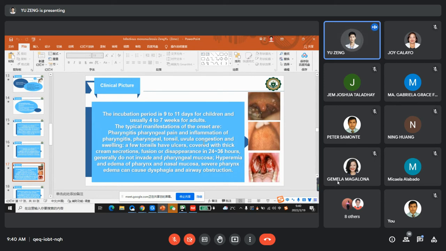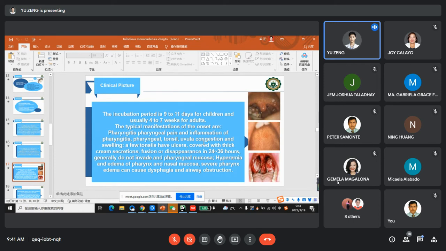A few tonsils have ulcers covered with thick cream secretions, fusing or disappearing in 24 to 36 hours, and generally do not invade the pharyngeal mucosa.